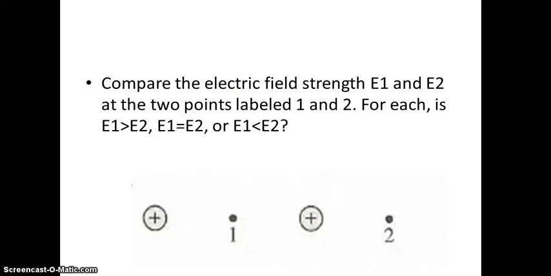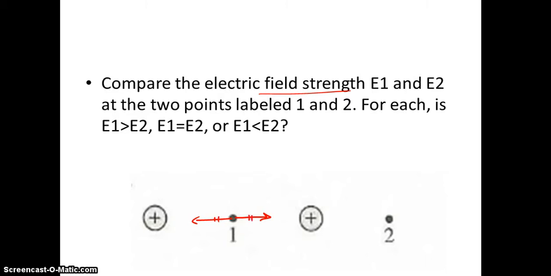One last question. Compare the electric field strength E1 and E2 at the 2 points labeled 1 and 2. For each, is E1 greater than E2, equal to, or less than? The first thing we need to do is figure out the electric field strength, so let's figure out what the electric field looks like at these points. From this charge, the electric field is in this direction. From this charge, the electric field is in this direction.